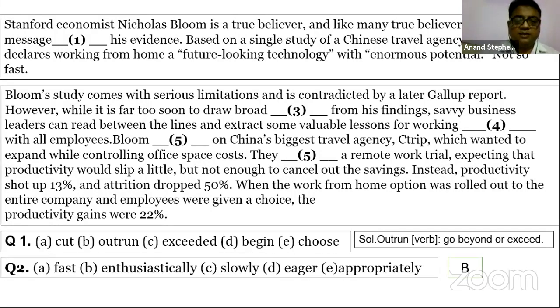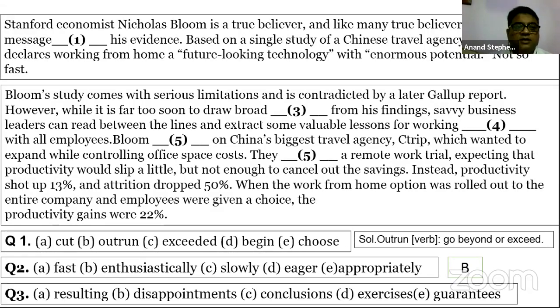So, here the right answer would be B. He enthusiastically declares working from home a future-looking technology with enormous potential. Okay, third one. Resulting disappointments, conclusion, exercises, guarantees. Bloom's study comes with serious limitations and is contradicted by a later Gallup report.